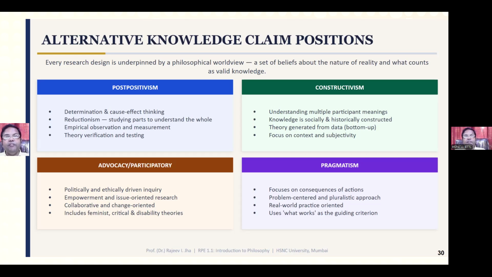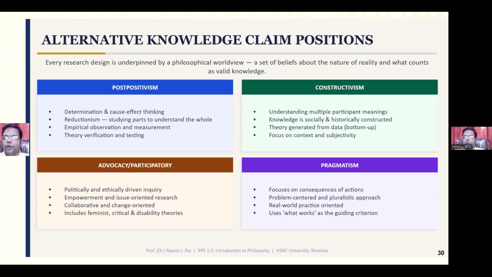Advocacy and participatory frameworks go a step further. They argue that research is inherently political and that it should be oriented toward empowerment and social change. Feminist research, critical race theory, queer theory, and disability studies all operate within this framework.